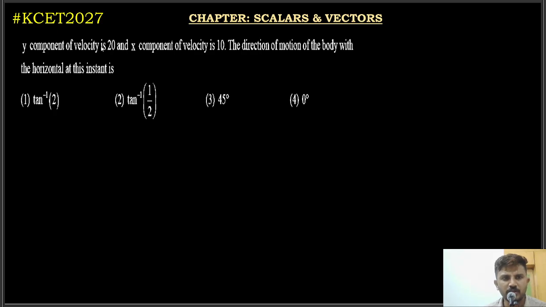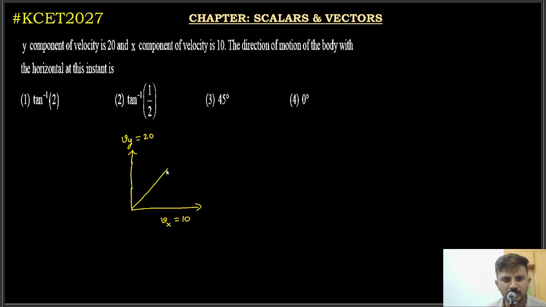Then we have the y component of velocity is 20 and the x component of velocity is 10. Then the direction of motion of the body with horizontal is?